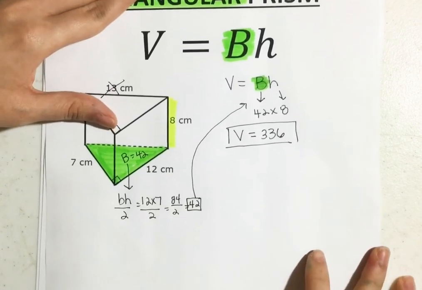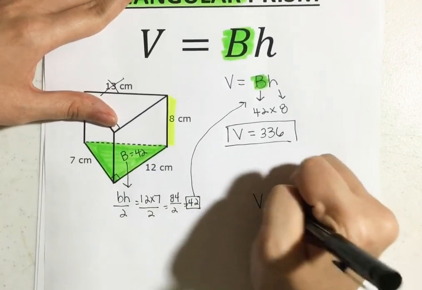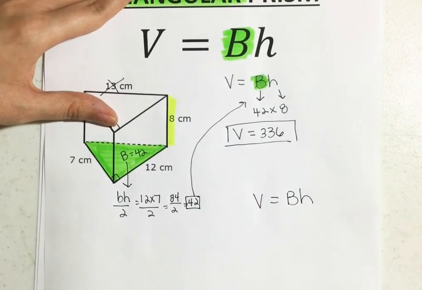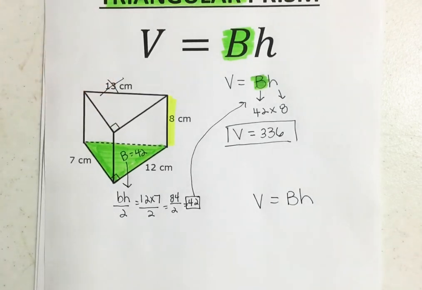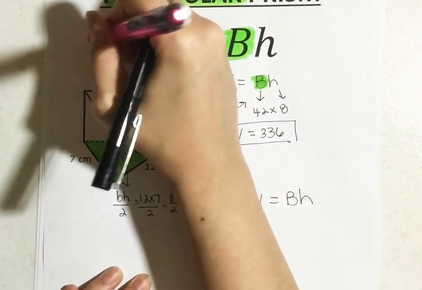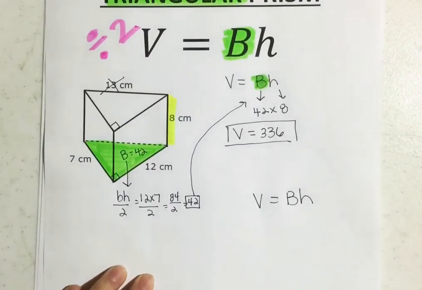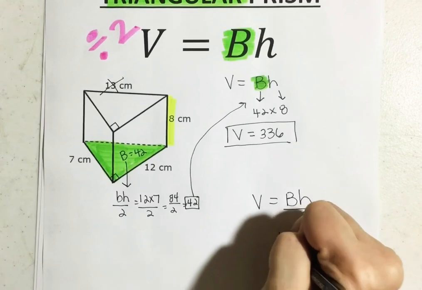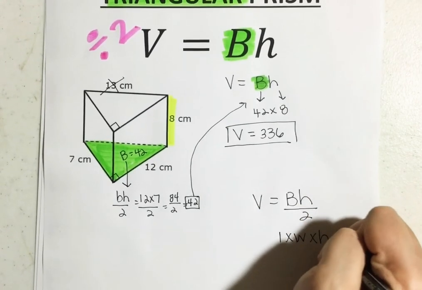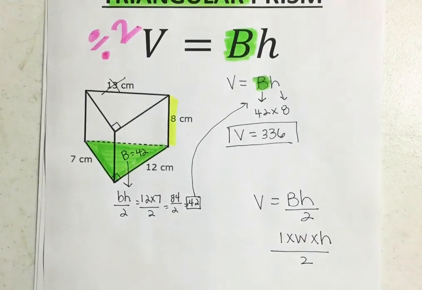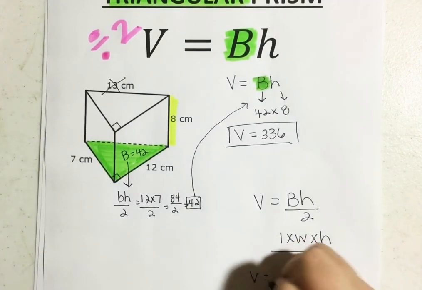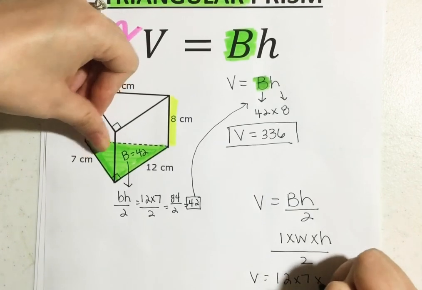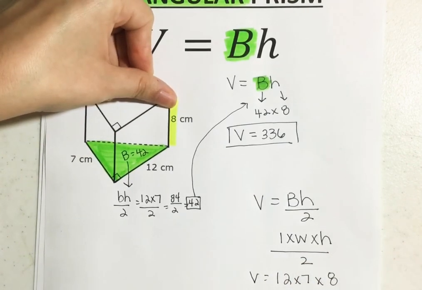Another way is if you try to rewrite your formula to use the length times width times height. But since there's a triangle, you gotta remember to divide by 2. No matter what, there's a triangle in my base, I gotta divide by 2. So I would rewrite it as length times width times height, and then divide by 2 at the end. Okay, so I would get the 12 and the 7, so 12 times 7 times 8 for the height.